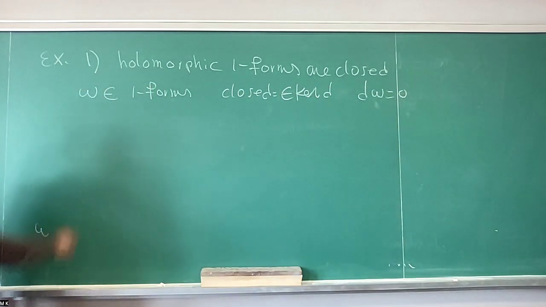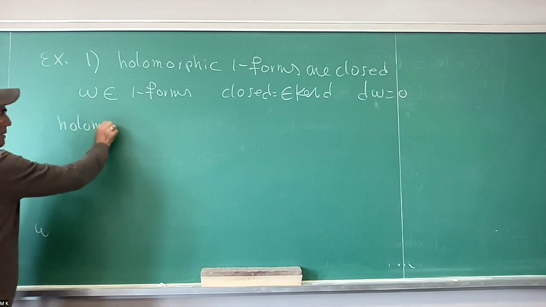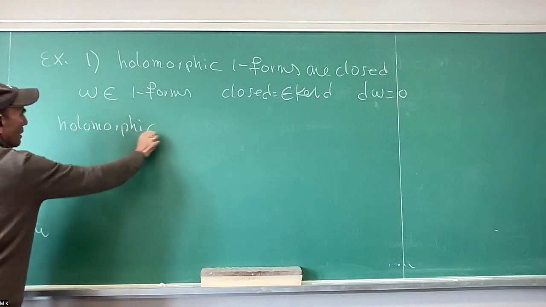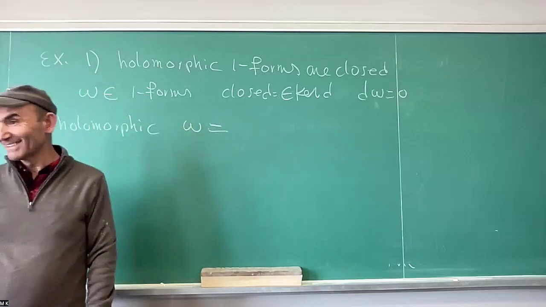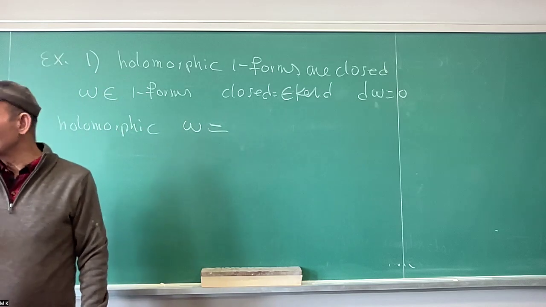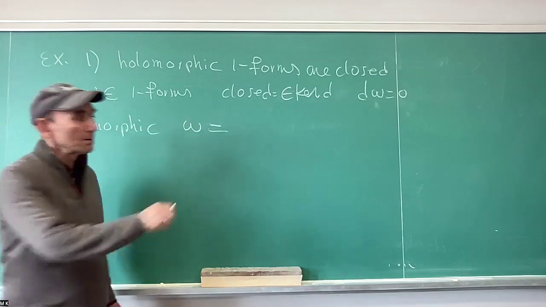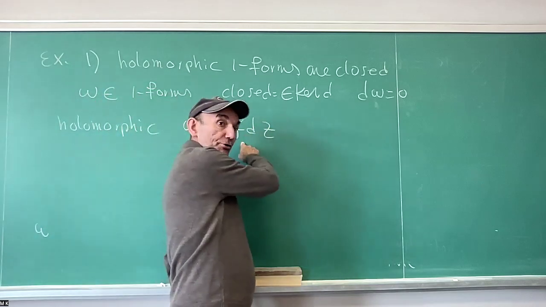So now, what does holomorphic mean? Is omega of the form f dz, right, where f is holomorphic?